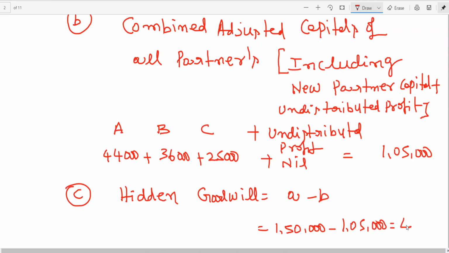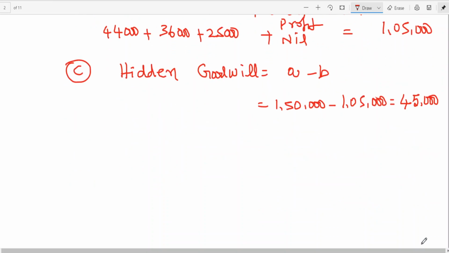Now you are getting 45,000. Hidden goodwill is equal to A minus B: 1,50,000 minus 1,05,000 is coming to 45,000. That means the capital at present after the new partner is bringing is 1,05,000.